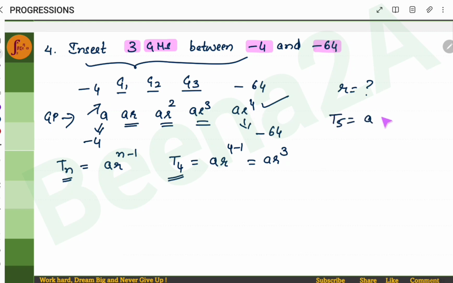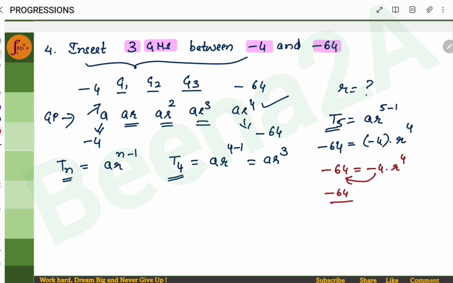T5 is equal to A into R to the power 5 minus 1. A is first term, which is minus 4. Common ratio we need to find. This is 4. And what is the fifth term? It is minus 64. I'll shift minus 4 this side. So I'll get minus 64 by minus 4 is equal to R to the power 4.